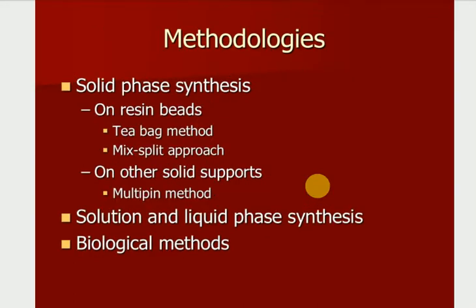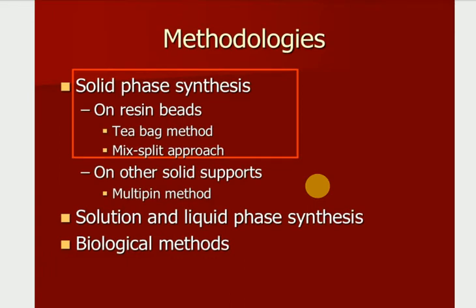There are various methodologies for combinatorial chemistry, and what we're going to talk about is solid phase synthesis. Solid phase synthesis is the one that is most typically used. Essentially you have a solid phase, so you'll either have a bead or a pin or something like that, and then you will generate your molecules on the surface of that bead or that pin.